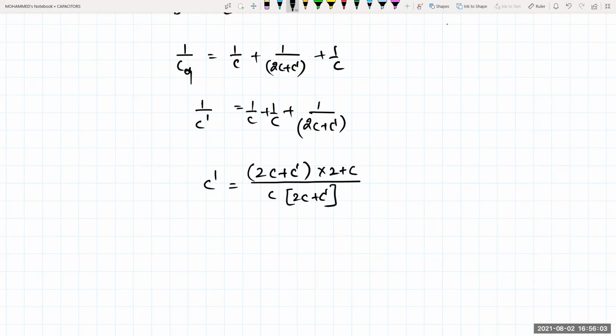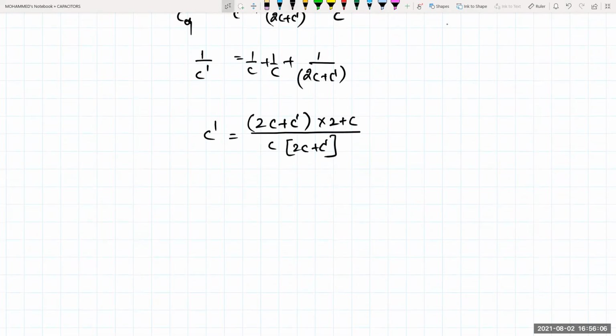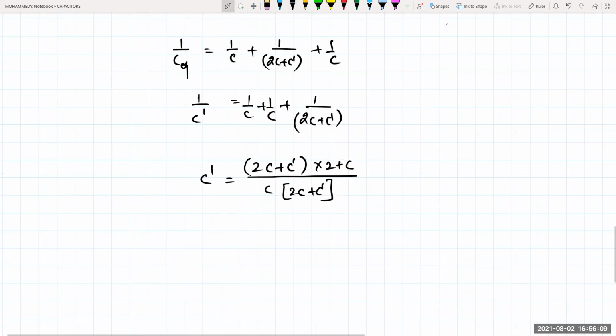That will be the LCM. This is your 1 by C dash only still.